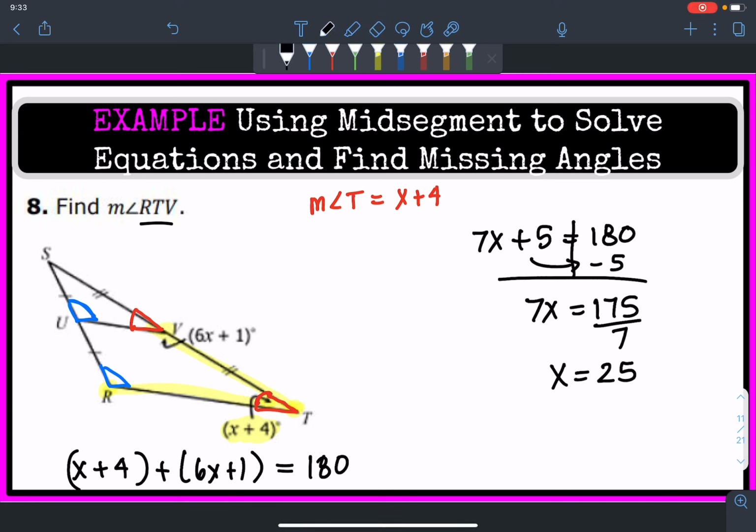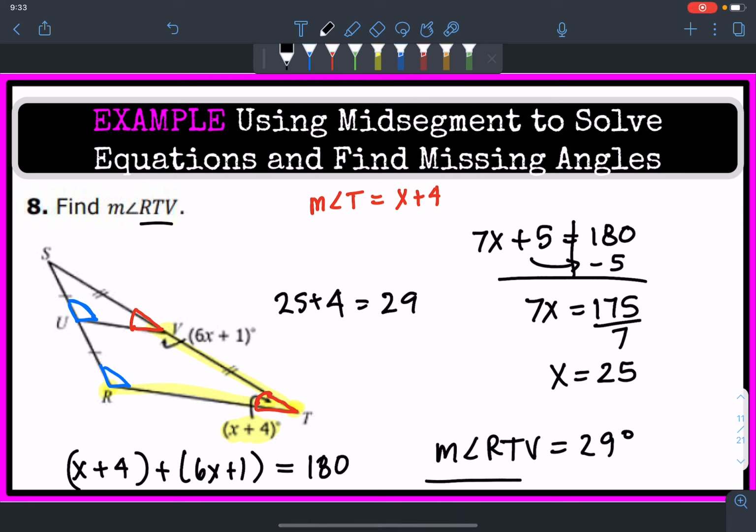So 25 plus 4, which is 29, like I said, and that's what we're looking for. The measurement of RTV is going to equal 29 degrees. So if this one right here is 29, this one up there is also 29. That measurement up there is 29.